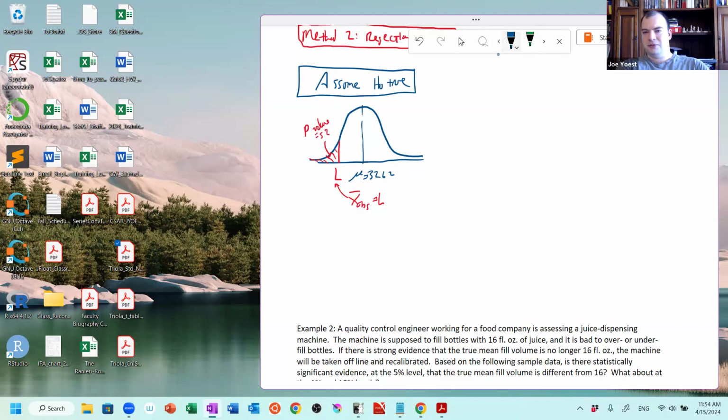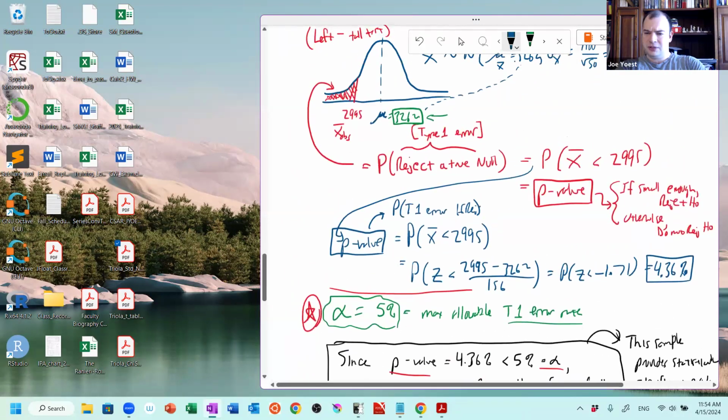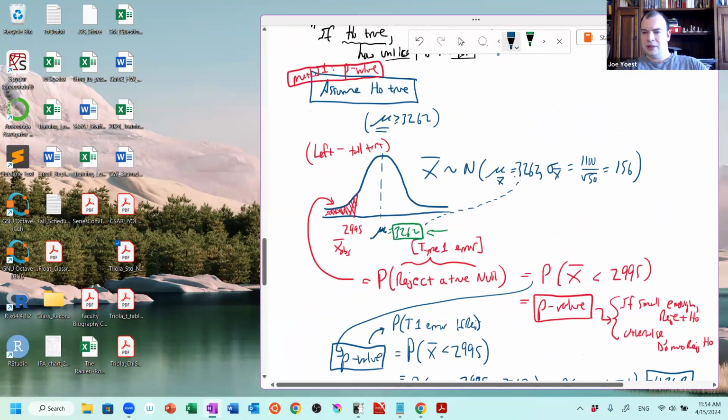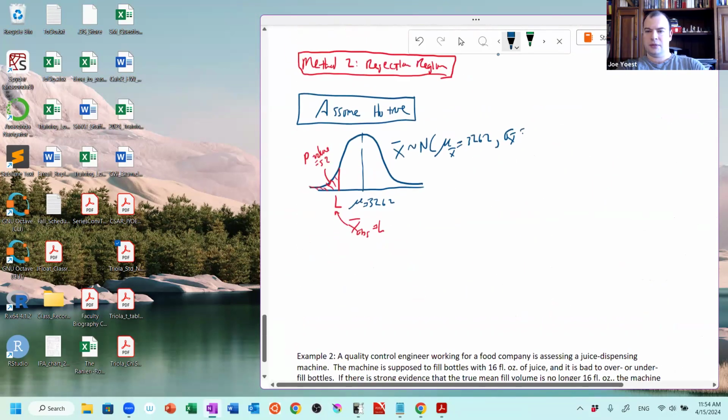And just like before, X bar, the random variable, is normal with mean 3262 and standard deviation was 156, I think. Yeah. Standard deviation 156.